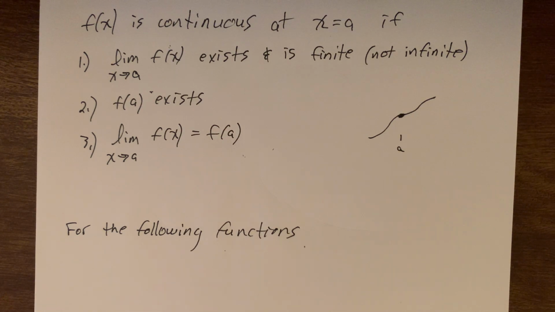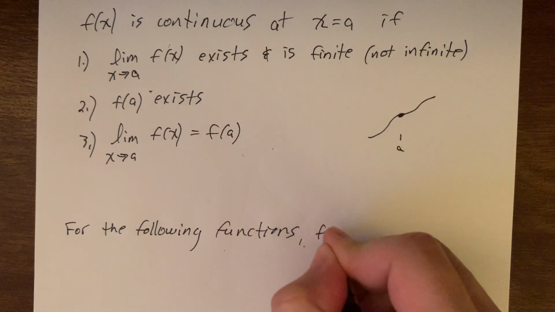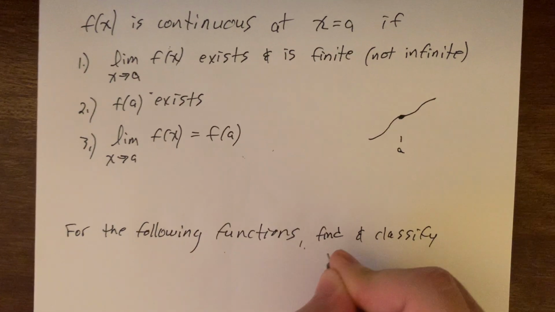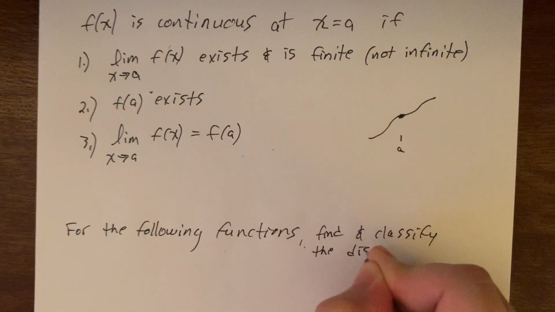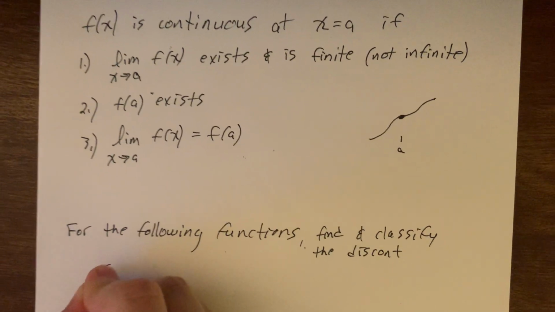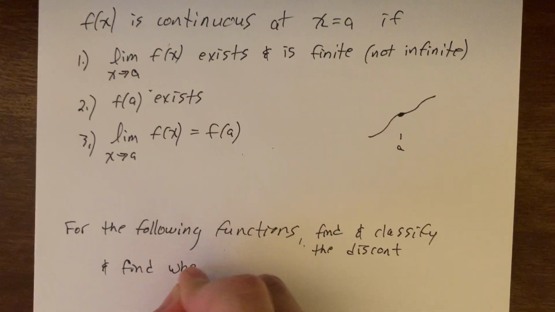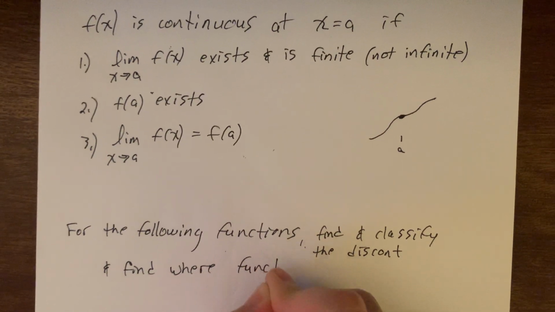So we see, no matter what the question is, we know how to handle it. So for the following functions, we're going to do 3 things. We are going to find and classify the discontinuities, and we are going to find where the function is continuous.